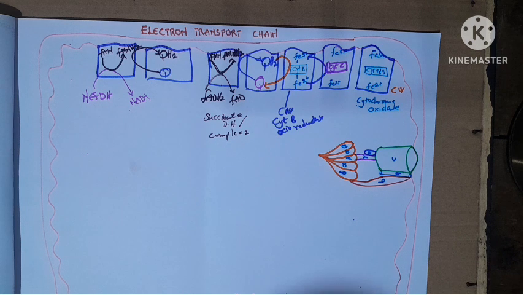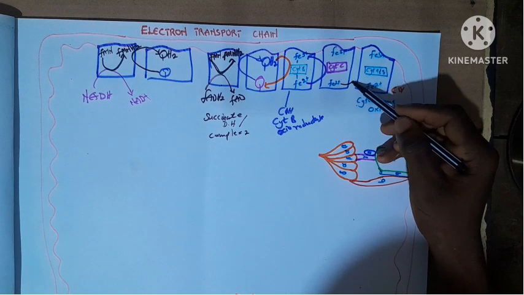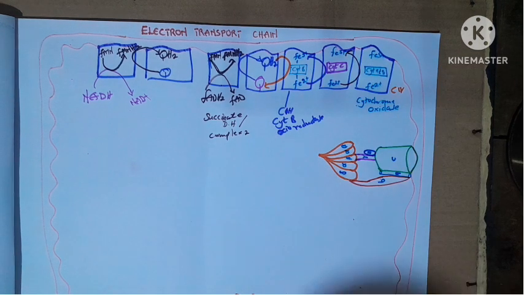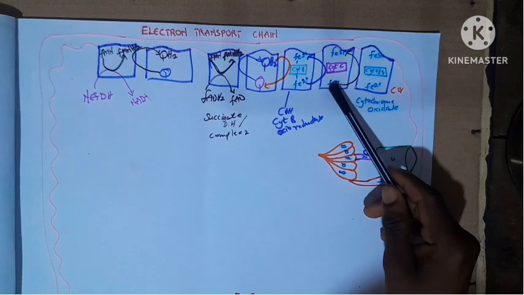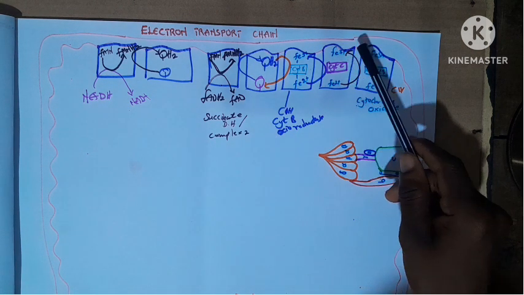So the iron 2 in cytochrome C is going to pass on the electrons to cytochrome A and A3, and when it does, it will get converted to iron 3.